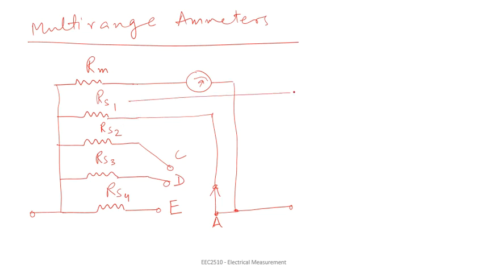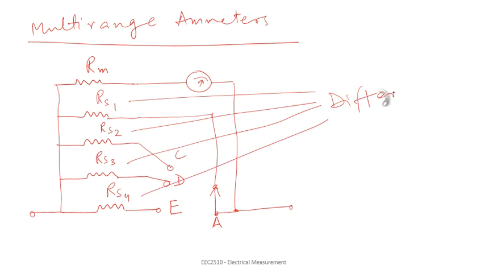Any one of these shunt resistances can be connected in the circuit by using this switch. This arrow type represents a switch, and this arrow can be connected to any of these points.